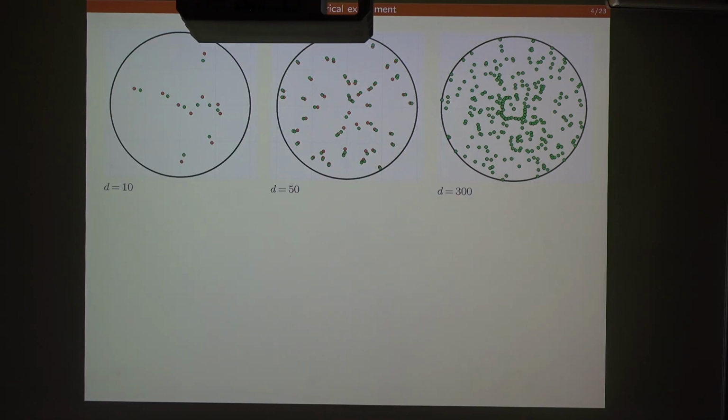The conjecture holds when you do numerical experiments, for instance d equal to 10, etc. And you can see that when the degree grows, the roots of the derivative in green or blue here go very close to the roots.